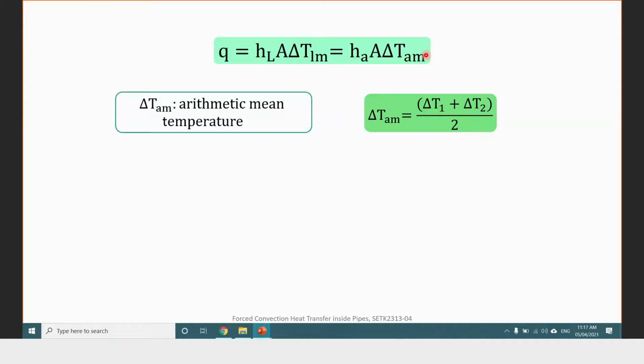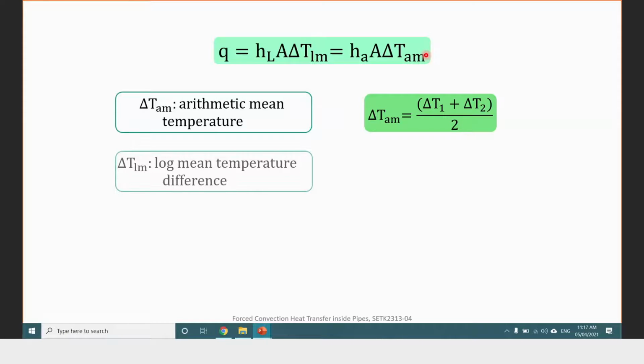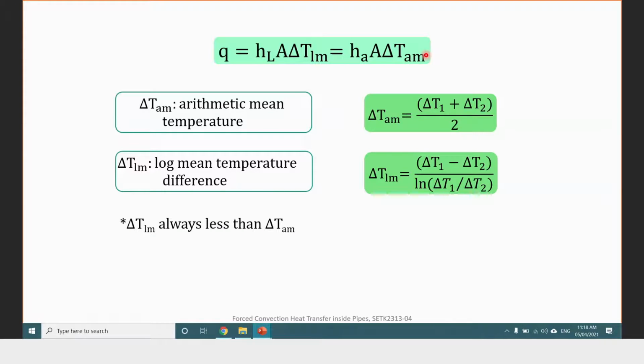This is quite simple, but if we are using delta T_LM, we can use this formula to calculate the log mean temperature difference, which is not that complicated either. Something to note is that delta T_LM is always less than the arithmetic mean temperature difference.